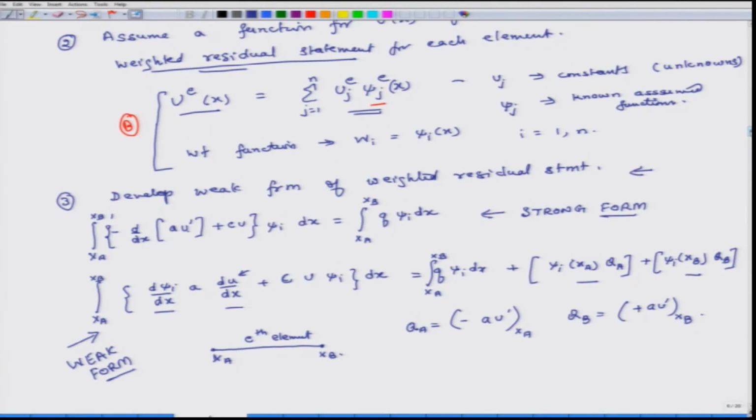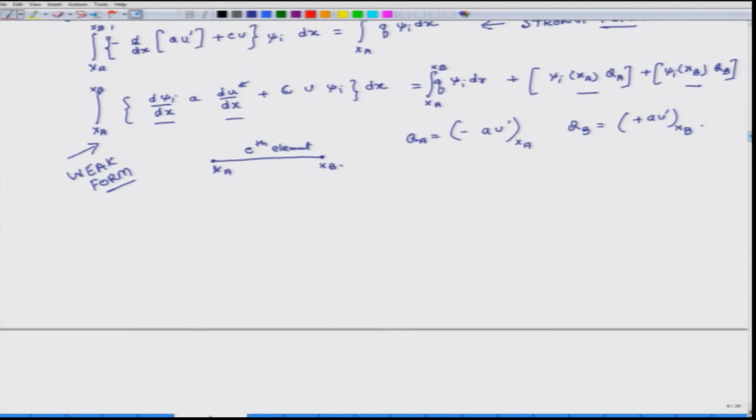We had assumed that u is this function, right. U is this function and the weight function is this psi I. So, once again in the weak form I can take different values, I is equal to 1 to n. So, this represents n equations.